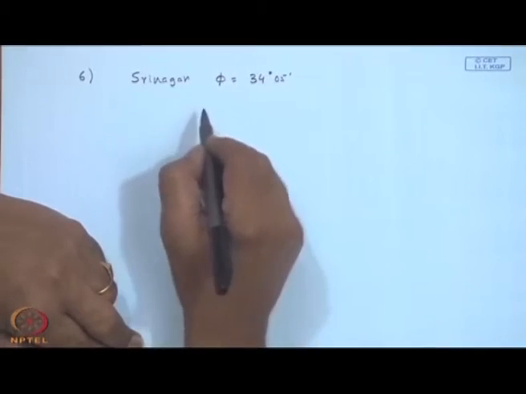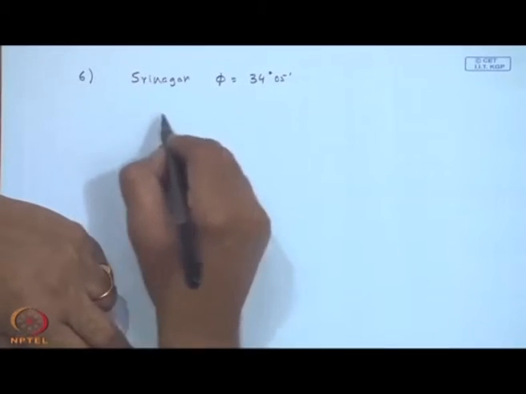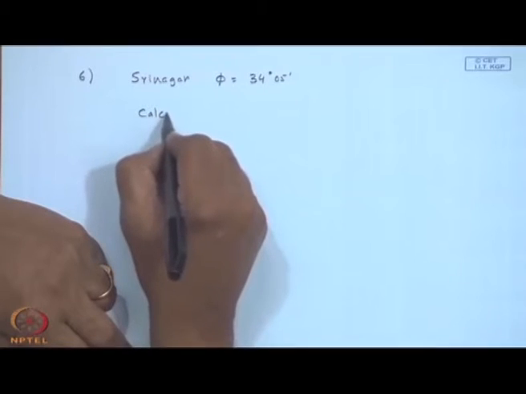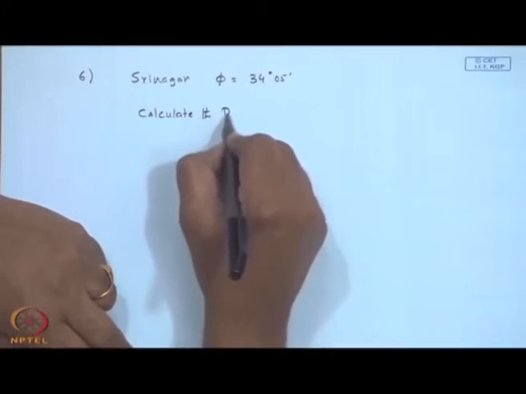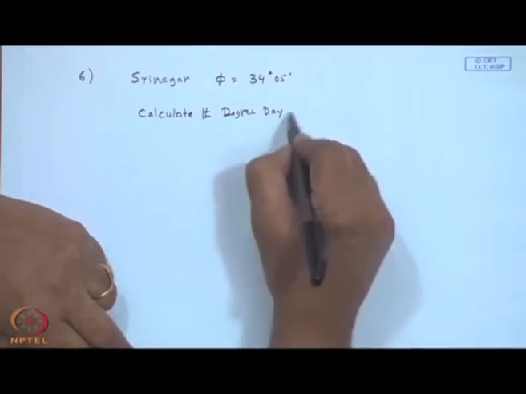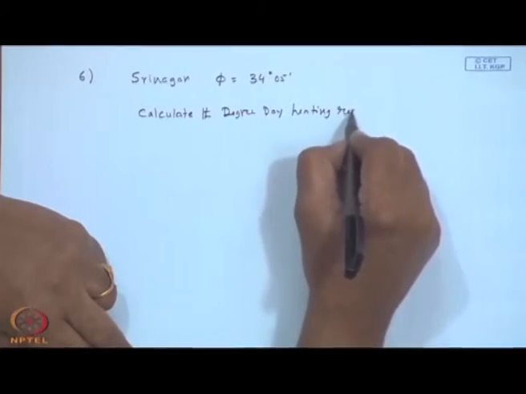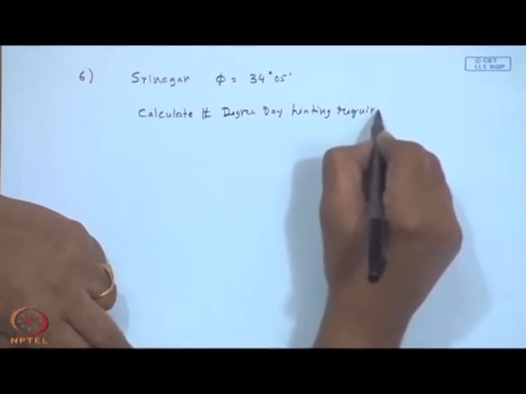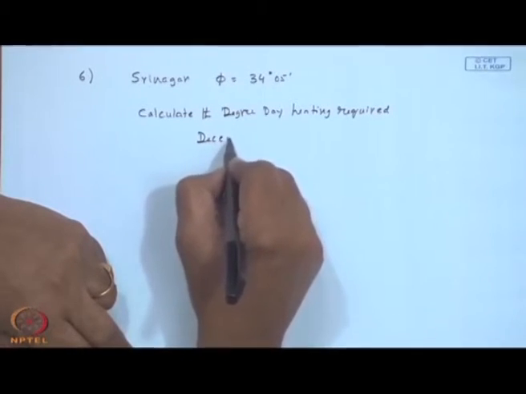First step: degree day information is not available, so calculate, if we can, the heating required. Naturally, December, January will be the coldest, so I chose December.